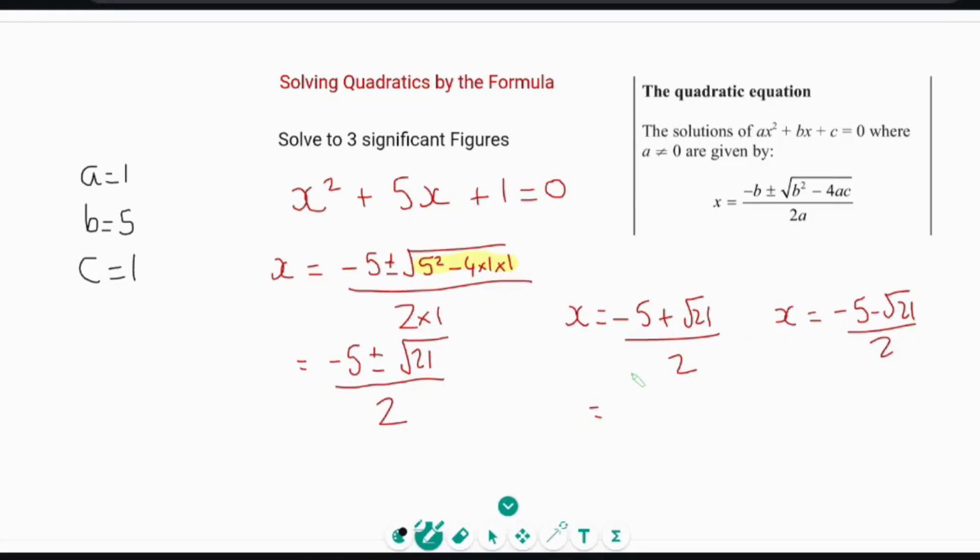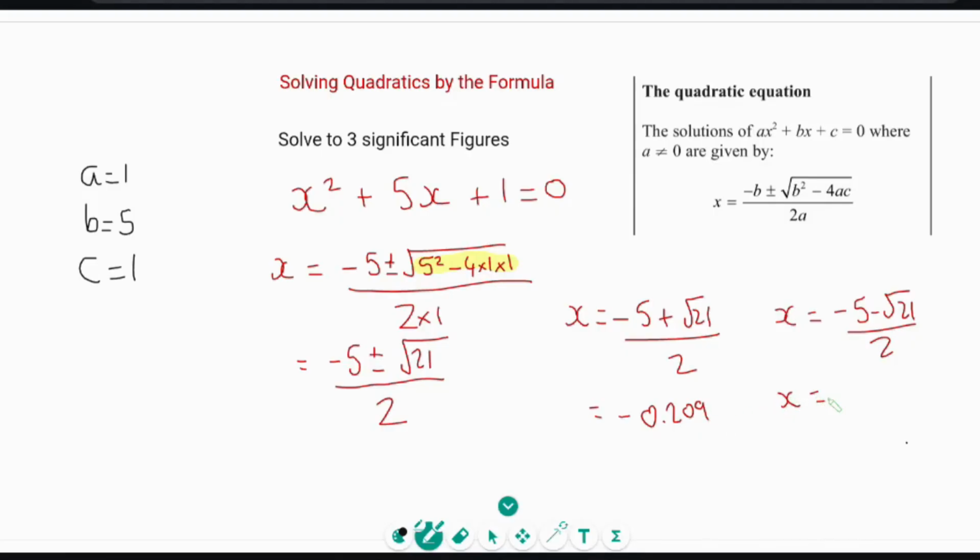If I type that into my calculator, minus 5 plus root 21. Sometimes you have to press equals at that point in your calculator. All divided by 2 is equal to minus 0.209 to 3 significant figures.